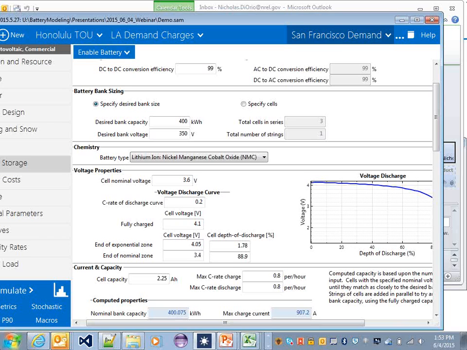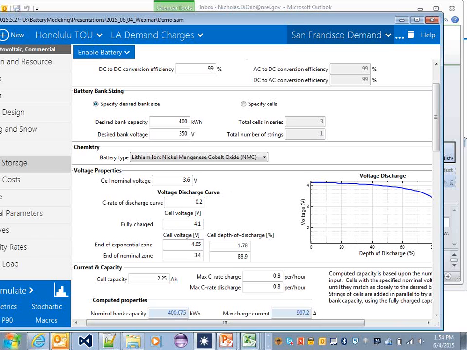It's calculated. It's an output of the model, not an input. A lot of models will just have an input for round-trip efficiency because they're not modeling the voltage variation. We model it, which is a little more detailed, but you can get to a similar place either way.